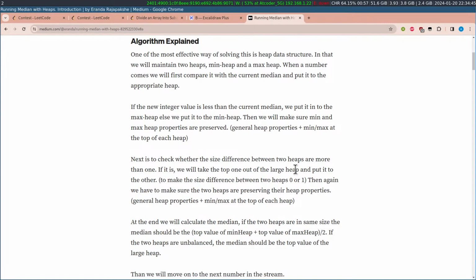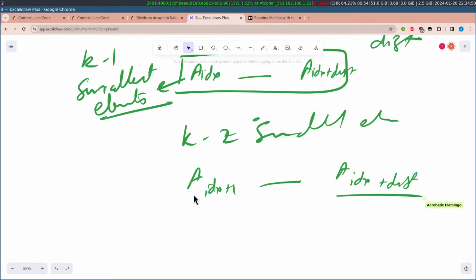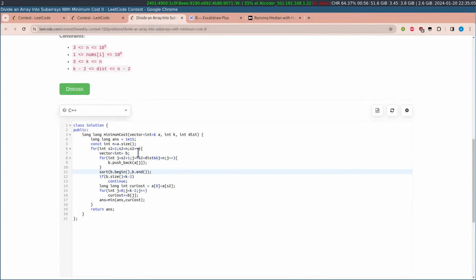Nowadays, I maintain two heaps, priority queues, using sets. The first heap contains k minus 2 elements, the smaller ones, along with their sum, and the other heap contains all the remaining elements. Using that, you can delete other elements as well. I generally use a set to maintain a heap in sorted order.